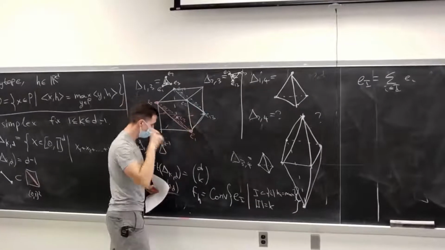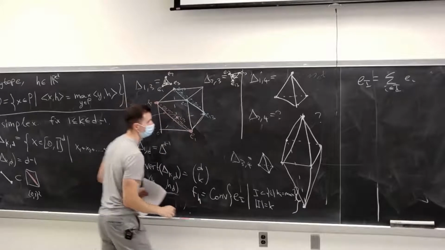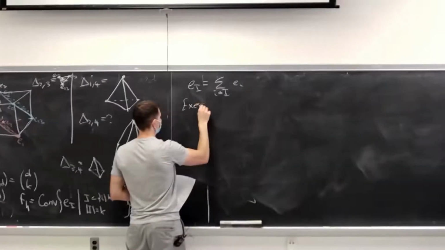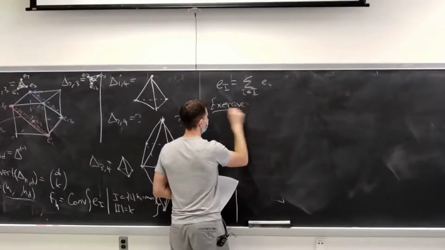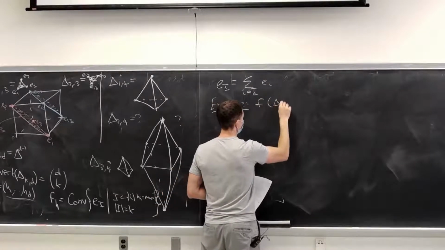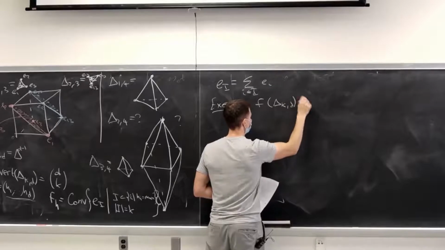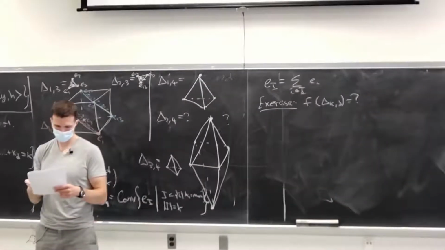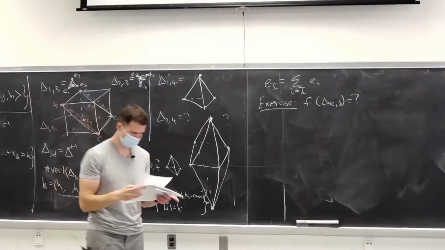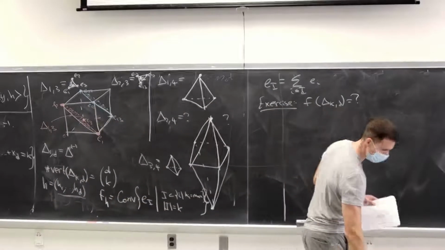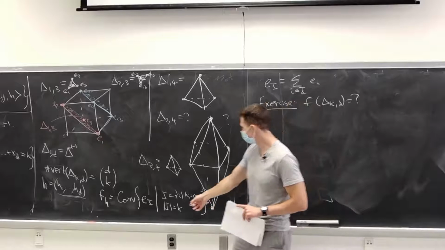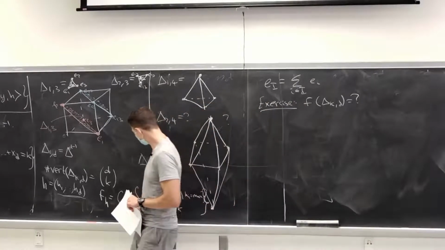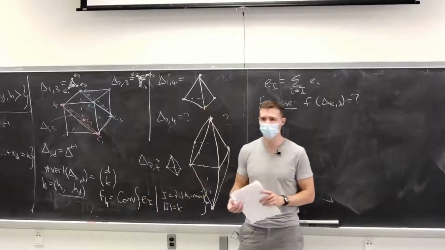And you can figure out the whole f vector. I'm not going to do this today. It's a nice exercise to find the f vector of the arbitrary hypersimplex. And by the way, you still have to prove rigorously that the dot product is actually maximized at this set.